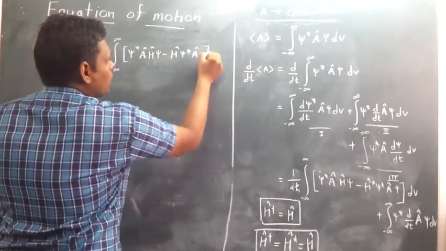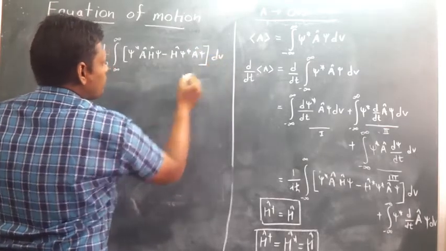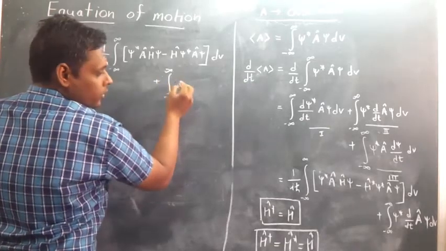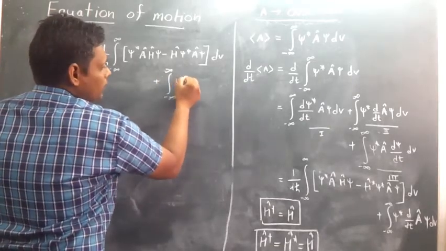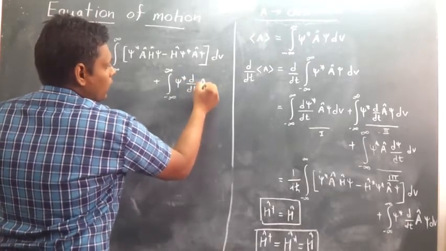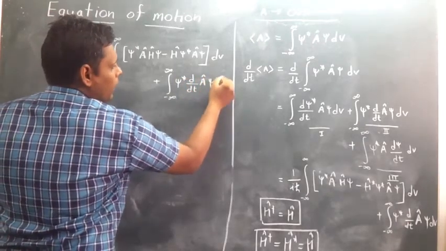And all the other terms are as they are, plus the integral from minus infinity to plus infinity of psi star, d upon dt of A cap, psi dV.